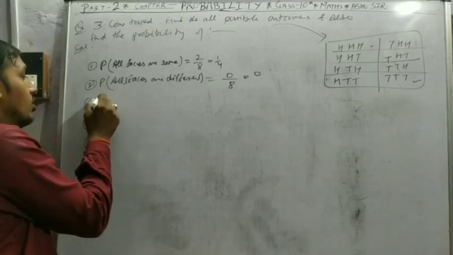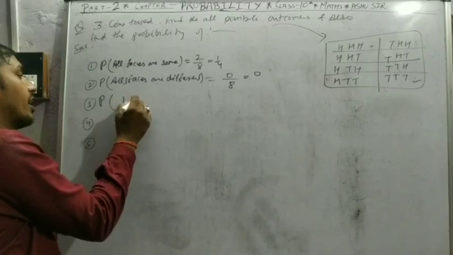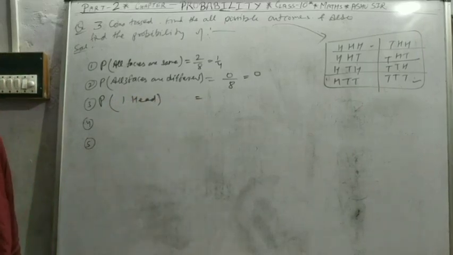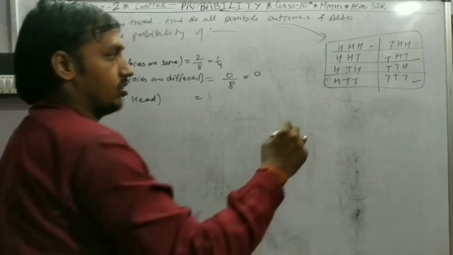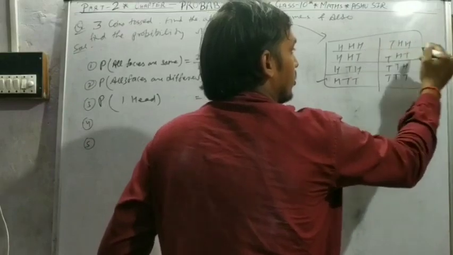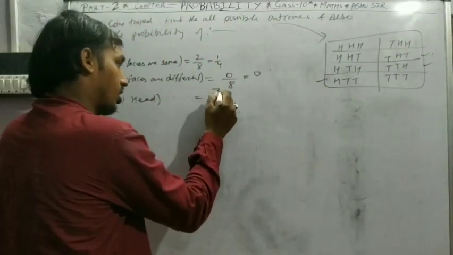If I say probability of one head, how many outcomes have one head? 1, 2, 3. So 3 by 8.